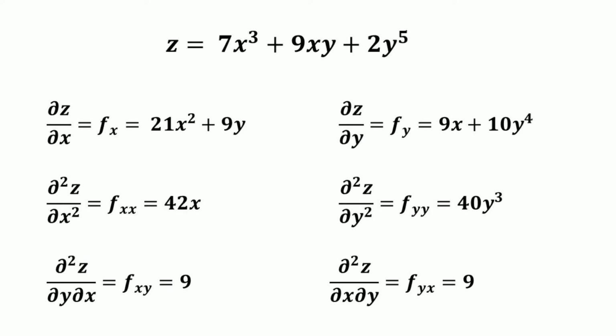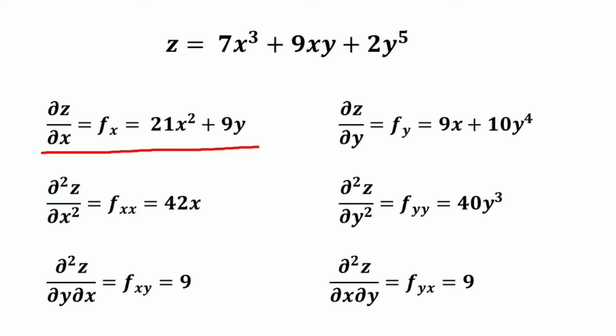Differentiating with respect to x while keeping y constant, the derivative of 7x cubed is 21x squared, plus the derivative of 9xy with respect to x, which is 9y. Thus the first order partial derivative with respect to x, that is f of x, is equal to 21x squared plus 9y.